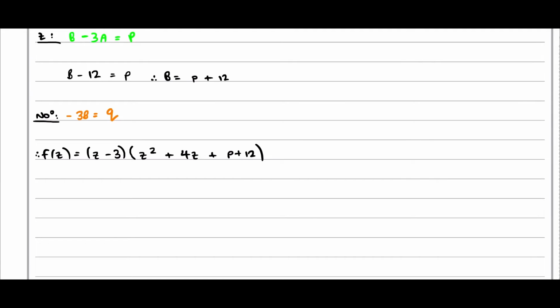And if we solve f of z equals 0, we know that z equals 3 is a solution. So let's just write that down. If we solve f of z equals 0, the quadratic factor has roots which form a complex conjugate.